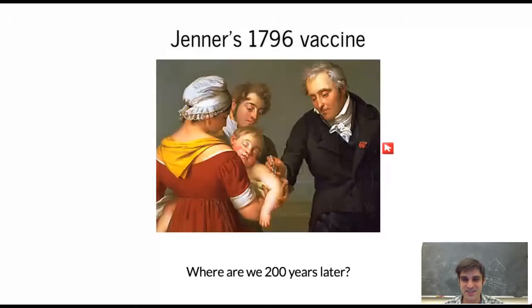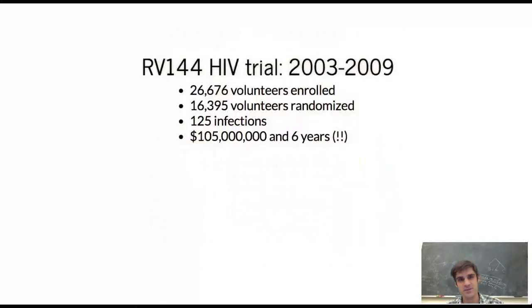But more seriously, where are we 200 years later? We've had vaccines for quite a long time. Have we made good progress in developing vaccines? To give a little perspective on this, I could give some numbers about this recent HIV vaccine trial. It took 6 years. They enrolled 1,000 volunteers, and out of the initial pre-screen, 16,000 made the initial cut.